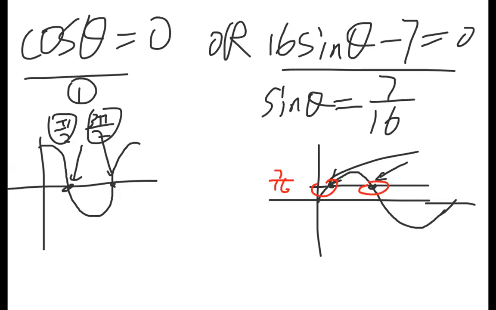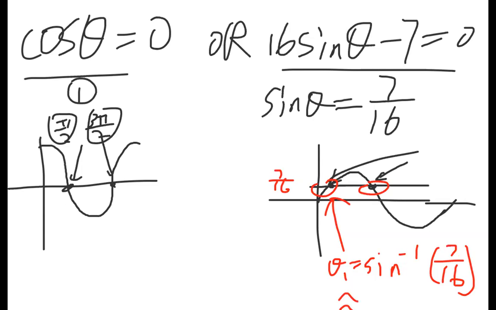However, the inverse trig only works with angles between minus pi over 2 and pi over 2. So that means you can only find the value for the first angle. The inverse sine of 7 over 16, which is roughly, where is it?